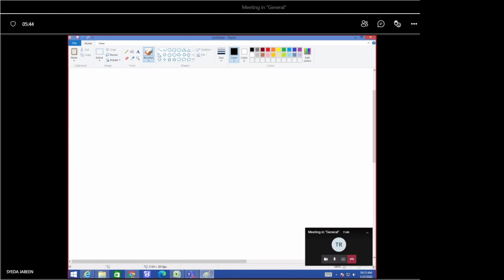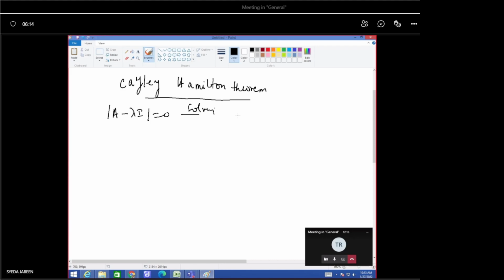To get the eigenvalues, what we were doing was taking the characteristic equation, determinant of A minus lambda I equal to 0, and solving this. We got the eigenvalues because we were getting a polynomial, and then we were getting the eigenvalues.